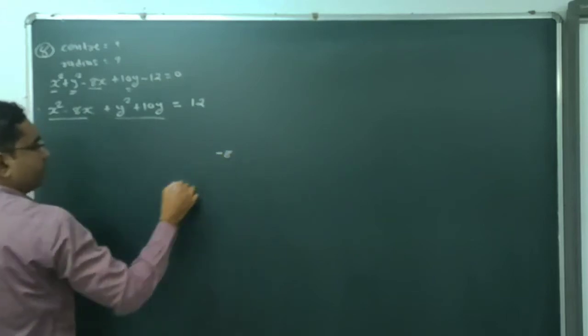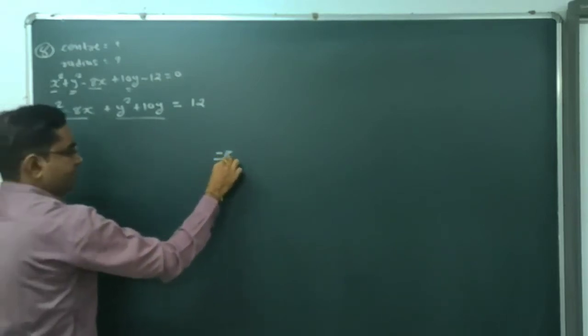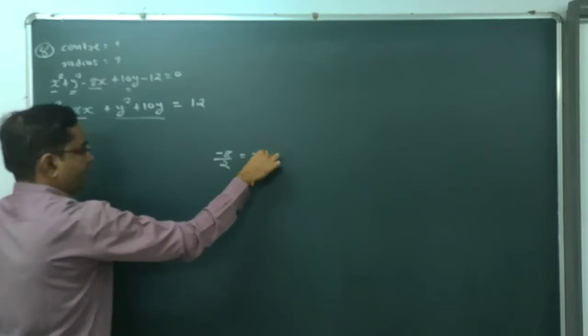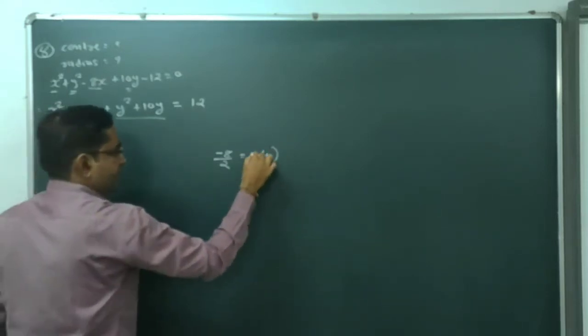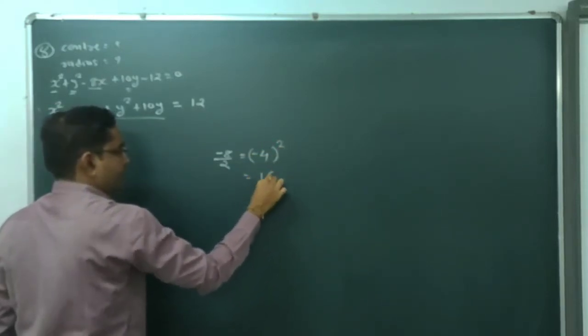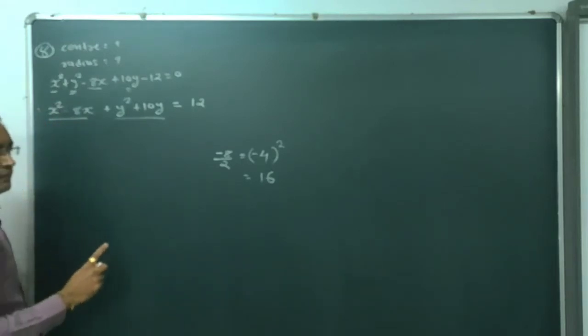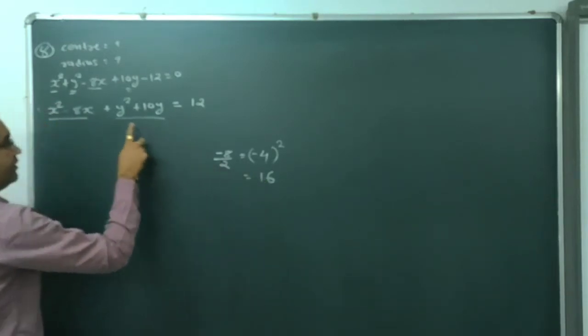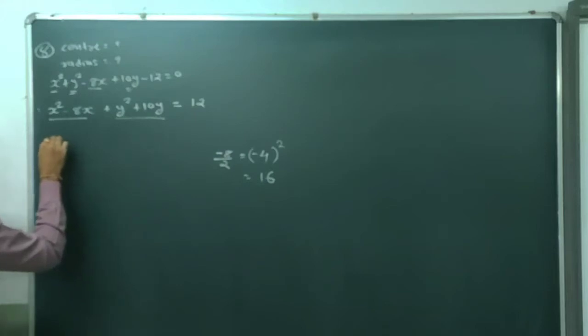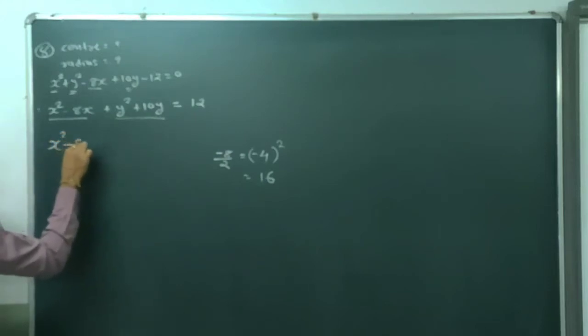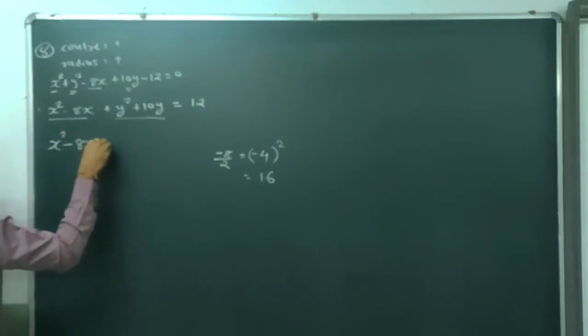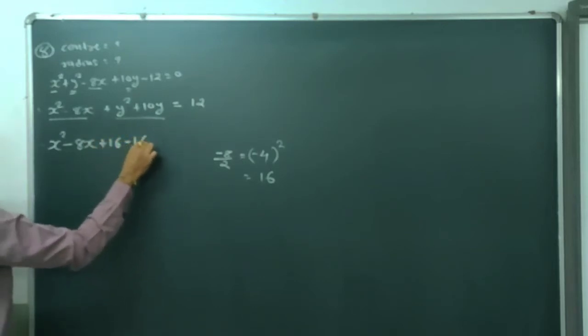Divide minus 8 by 2 and we get minus 4, and the square of minus 4 is 16. So we add that 16 and subtract that 16 in x square minus 8x.